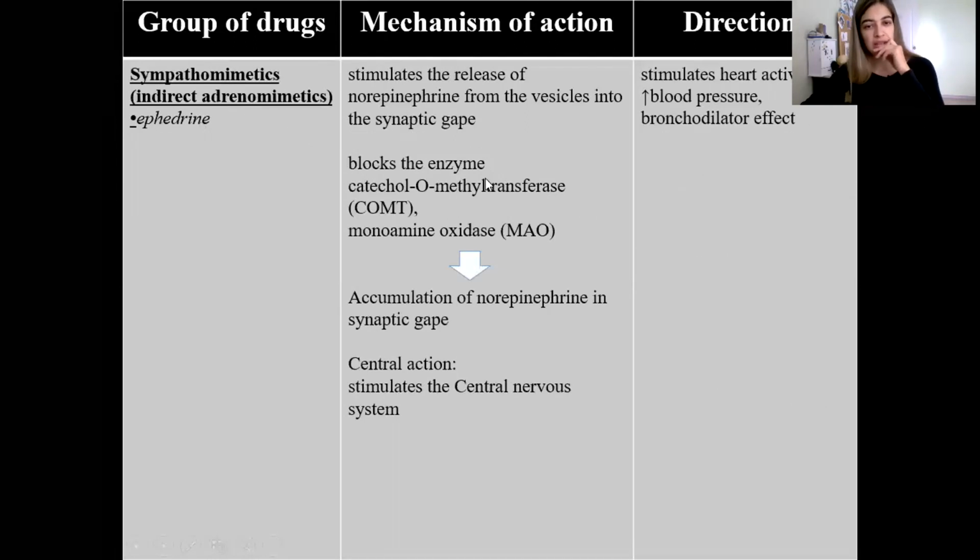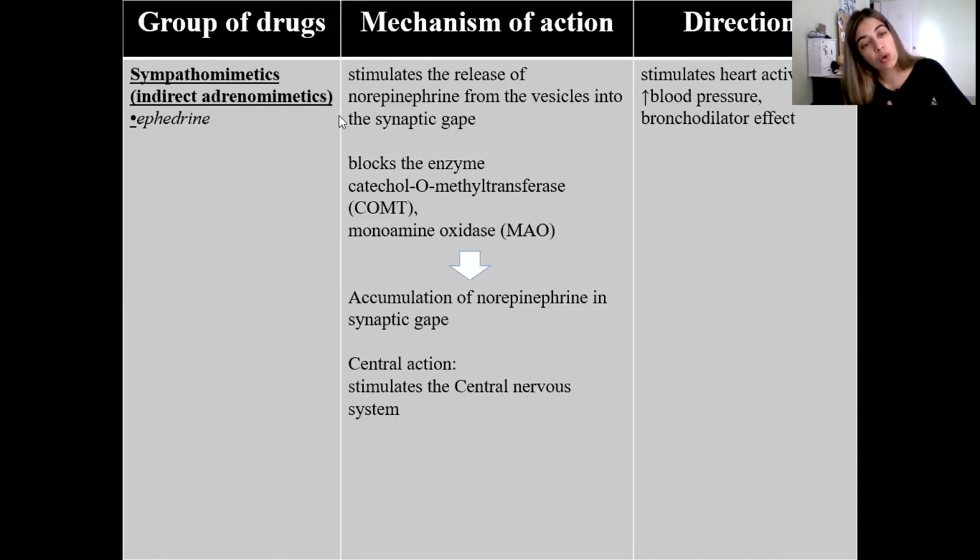Once again, let's see how it works. It stimulates the release of norepinephrine from vesicles to the synaptic gap. Then it blocks the enzymes catechol-O-methyltransferase and monoamine oxidase, because they will not be able to destroy this norepinephrine. When it goes outside the cell there is a risk that it will be destroyed, but we don't want that. We want to accumulate it.